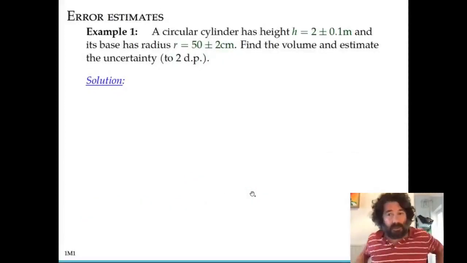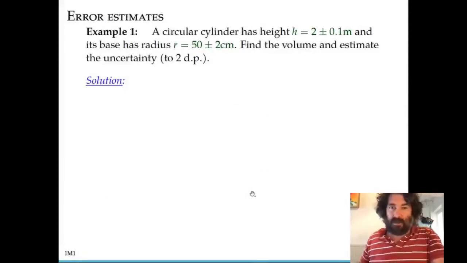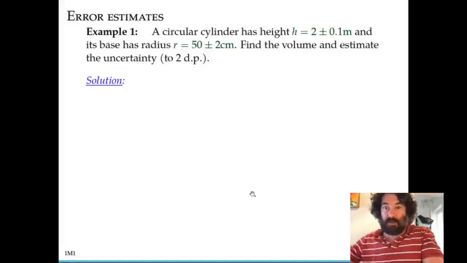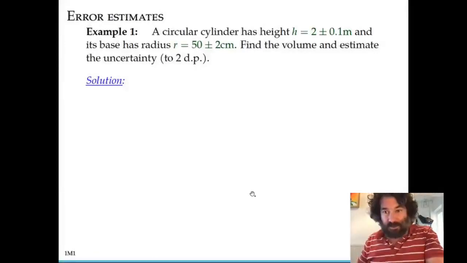And so I'm going to do some examples of estimating the size of the error when we have a function of two variables. The first example shown here is similar to the example from the previous video with a tree that's modeled as a cylinder.